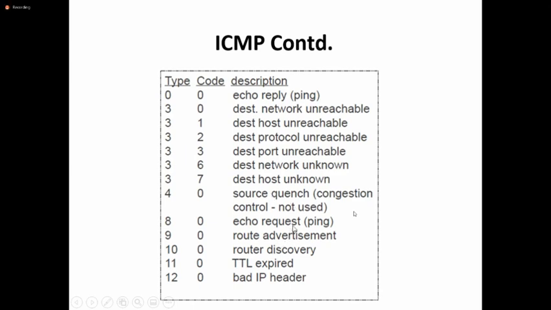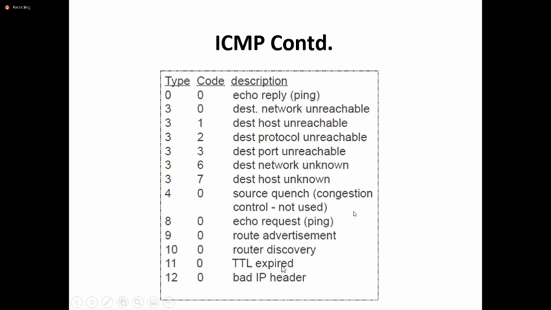If it is an echo request, then you have this code. If it is an echo reply, then you have this code, right? The echo request packet is received by the destination, and the reply is sent from the destination to the source.